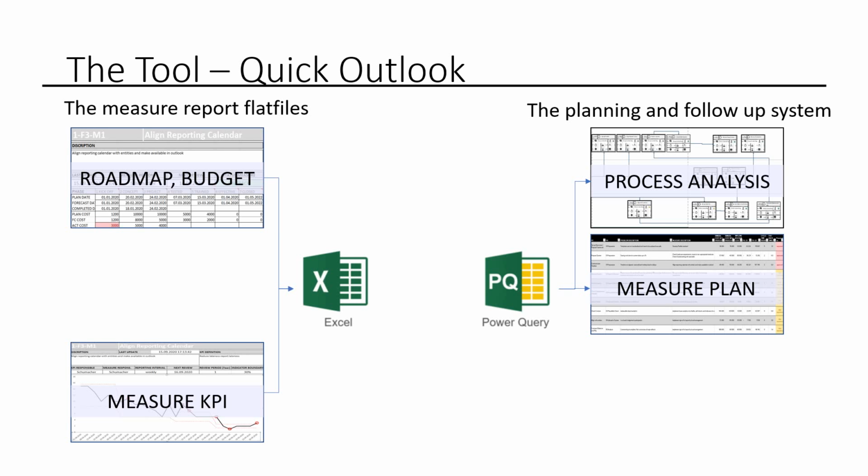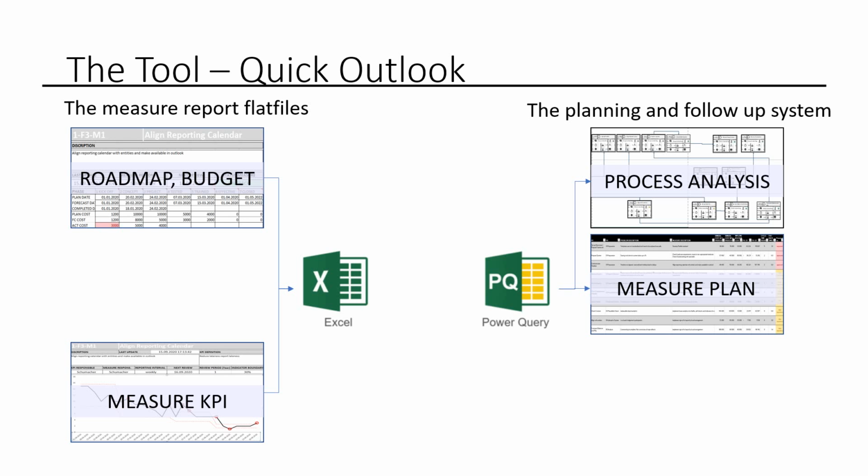Once you have the measure plan, every measure responsible has a little flat file with their dates, their reporting duties, a description, and a budget, and this is updated depending on whatever you agree upon for reporting reasons. It also includes the follow-up on the effectiveness in the form of a measure KPI.